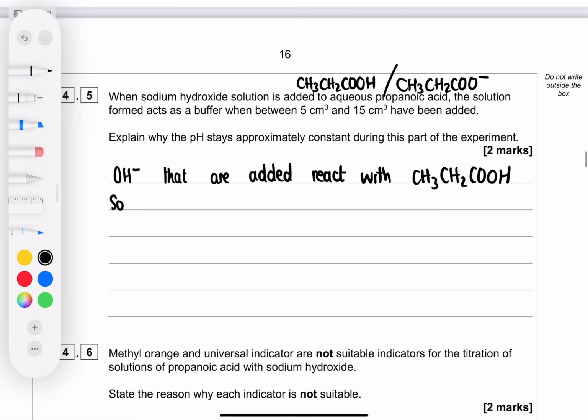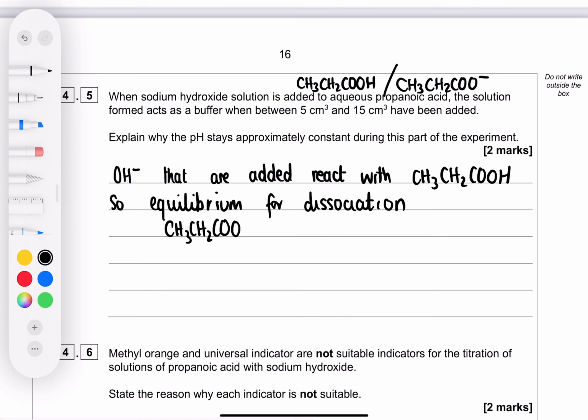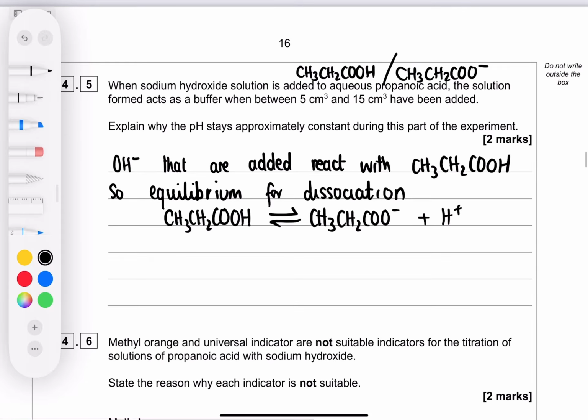So the equilibrium, and you need to specify what equilibrium you're talking about. I'm going to do the dissociation equilibrium, so I'm going to write it out as well. If we're reacting with the propanoic acid, we're going to make more propanoate.